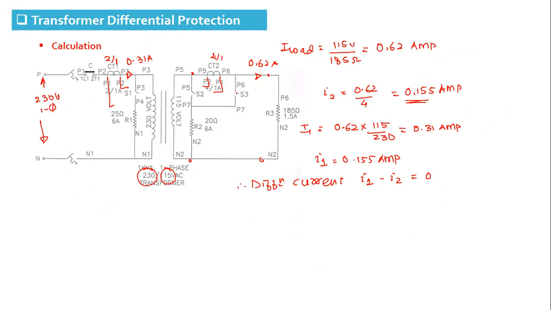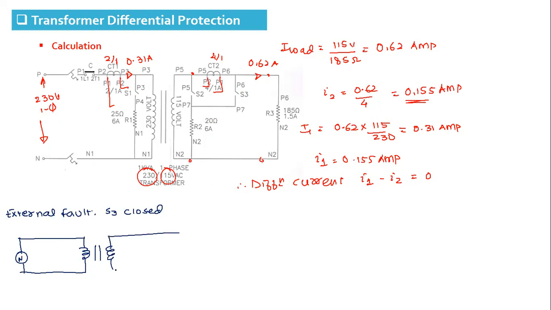Now, when we close the switch S3, external fault, so switch S3 is closed, so the circuit will be like this. This is closed.